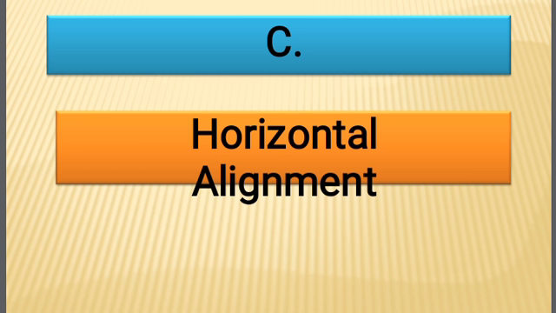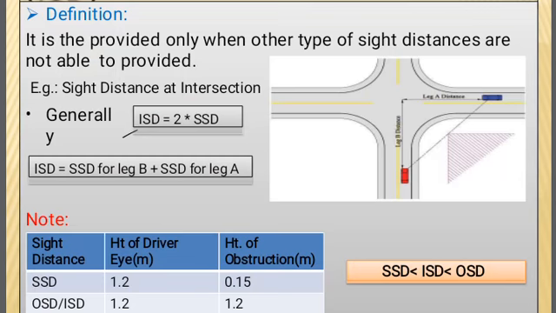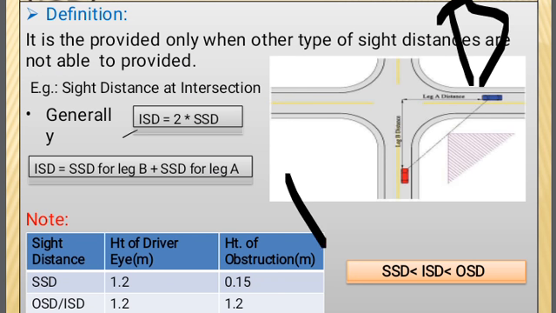Suppose two vehicles are coming toward the intersection. Take an example here. These are the two vehicles, the blue vehicle and the red vehicle, coming toward the intersection.